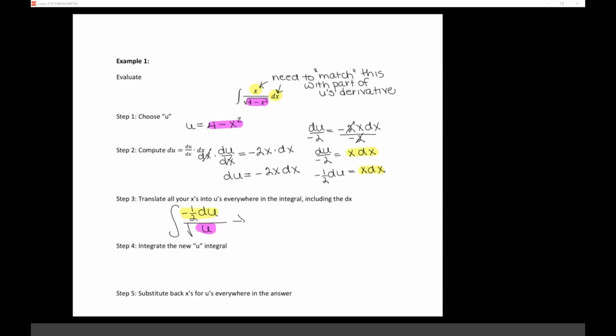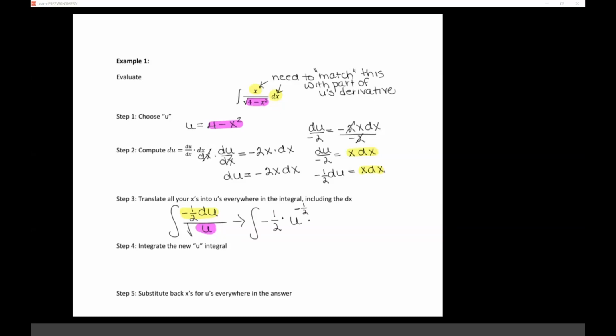So let me rewrite it a bit. The square root of u is in the denominator. And -1/2 du is in the numerator. So I can rewrite it like this: -1/2. The u part, I'm going to write it with an exponent. It's an exponent of 1/2 for the square root and a -1/2 because it's in the denominator.